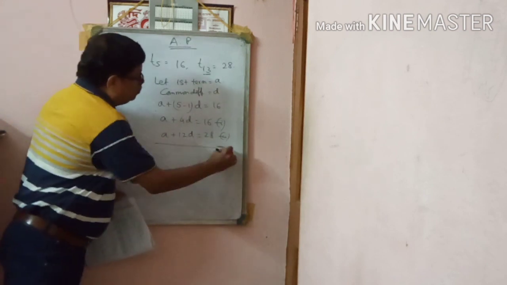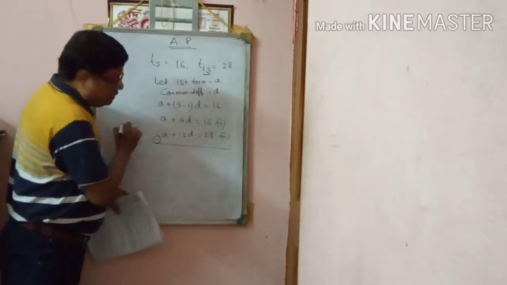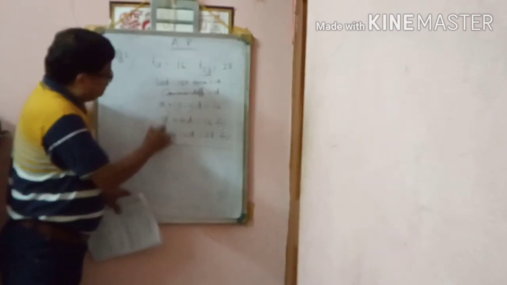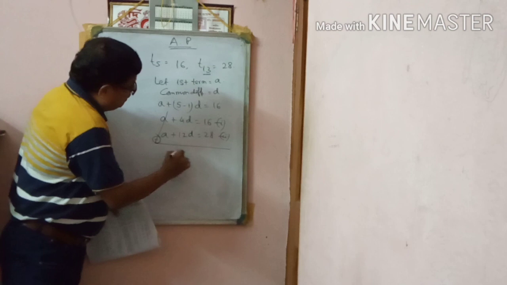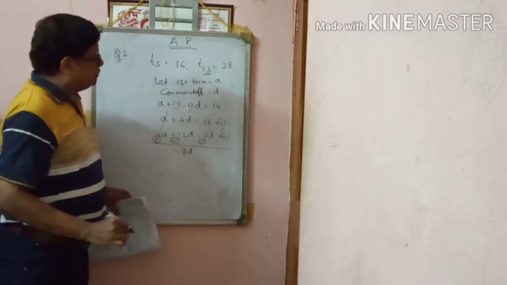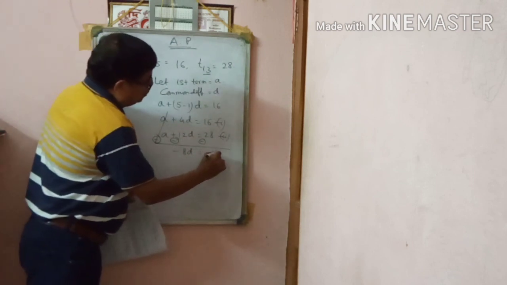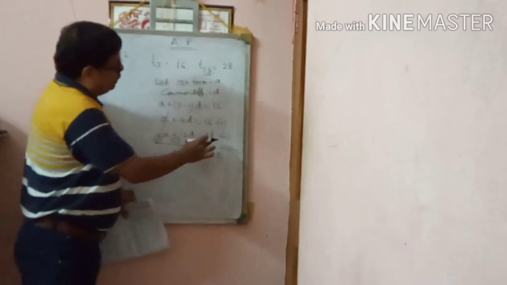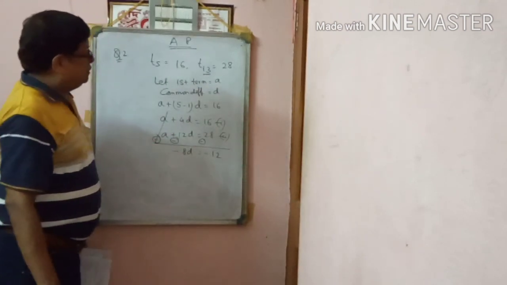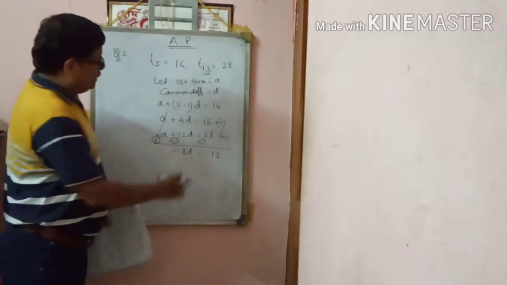Now these two equations you have to subtract. Change the signs: A minus A cancels. This minus this gives minus 8D equals 16 minus 28, that is minus 12.